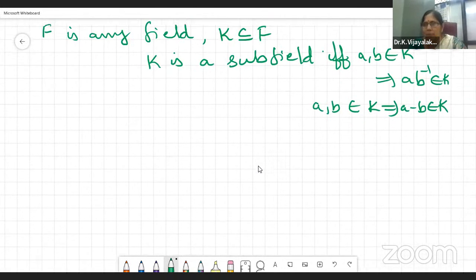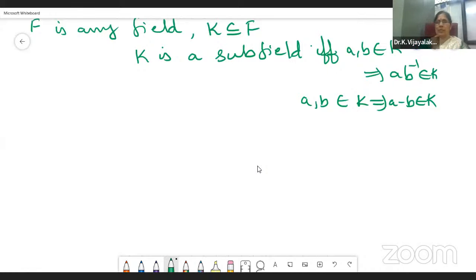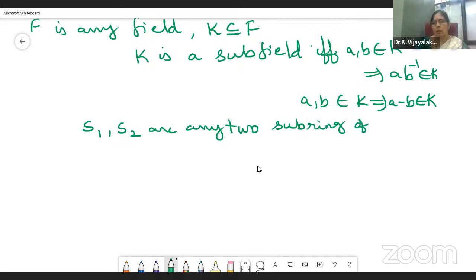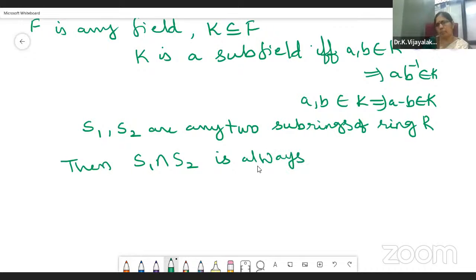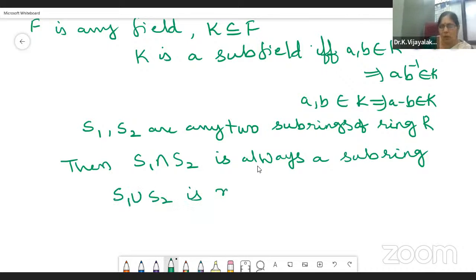Also always remember that if S1 and S2 are any two subrings of ring R, then S1 intersection S2 is always a subring, but S1 union S2 is not necessarily a subring.